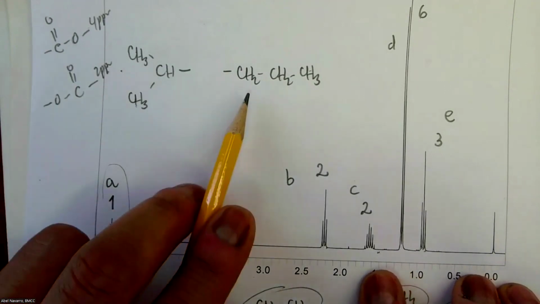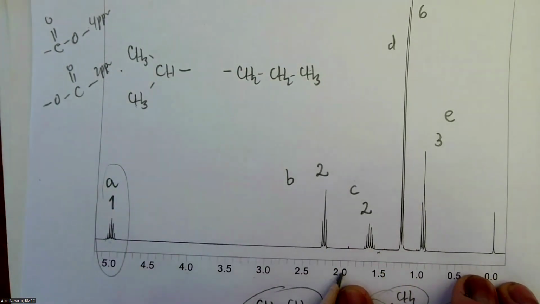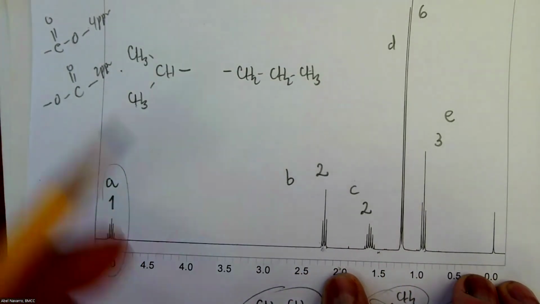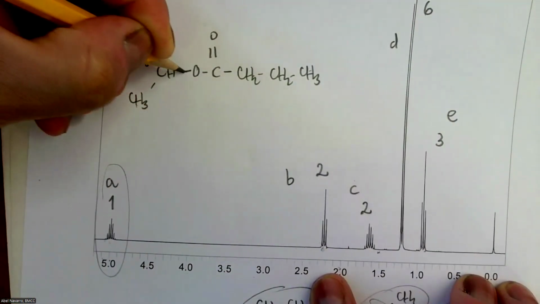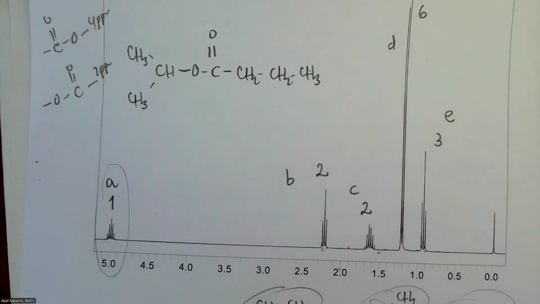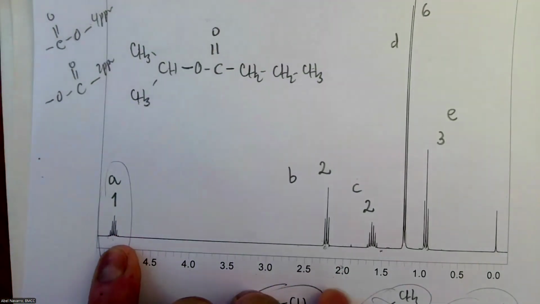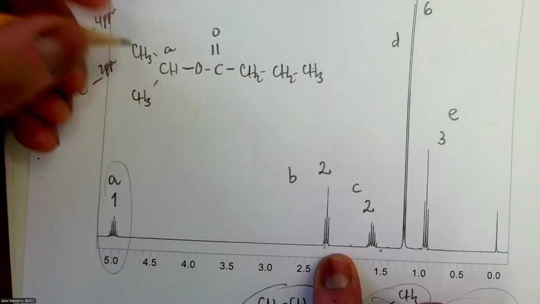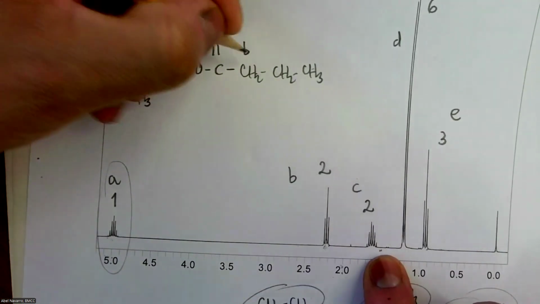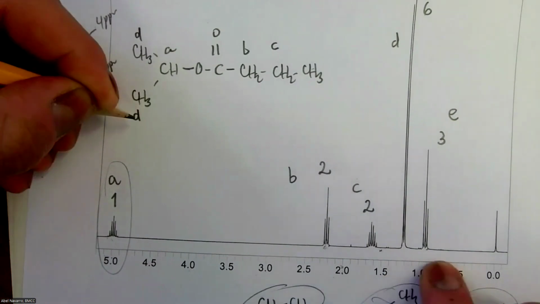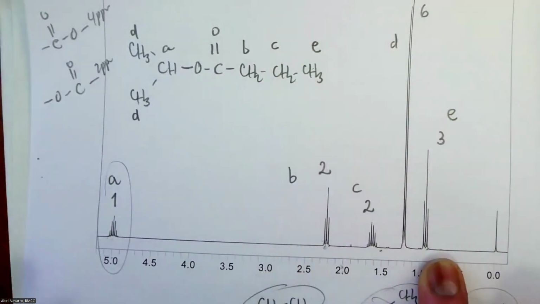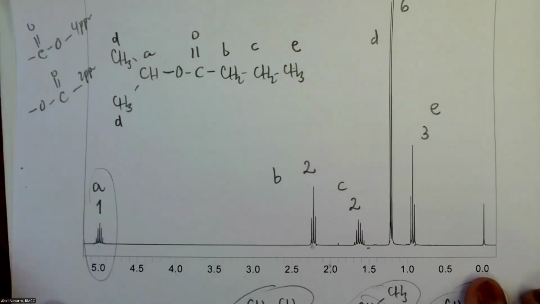What about the propyl? The propyl is about 2 ppm. So that's the one next to the C=O. And that's my structure. Okay? That 1H is A, this one is B, C, D, and this will be E. Each gets assigned.